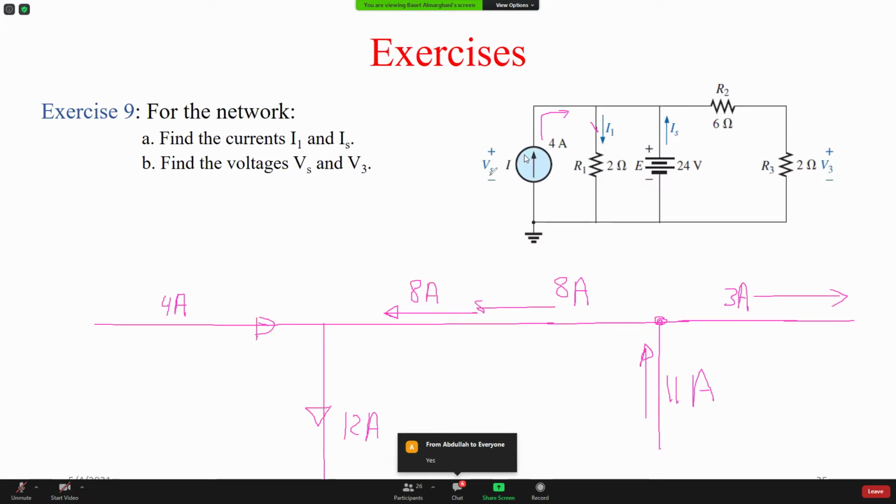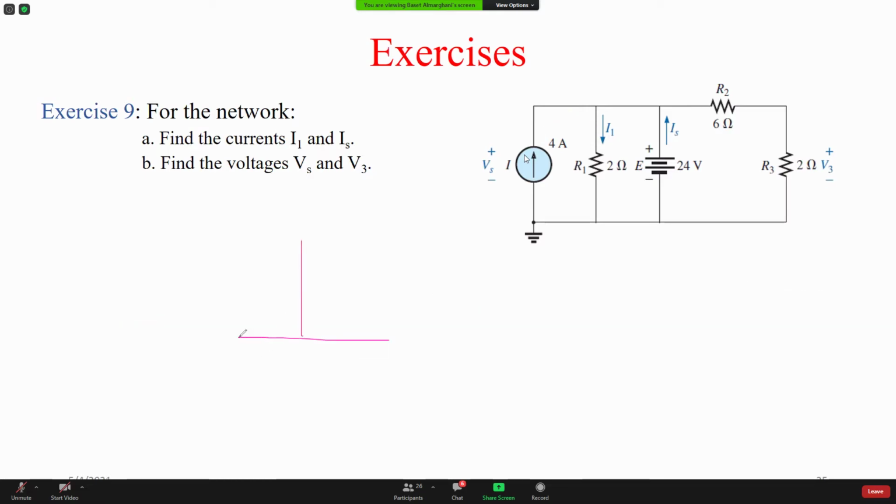Now let's see how to find V3 or VS. Oh, you said VS. I'm going to delete this. What is the voltage between these two points?